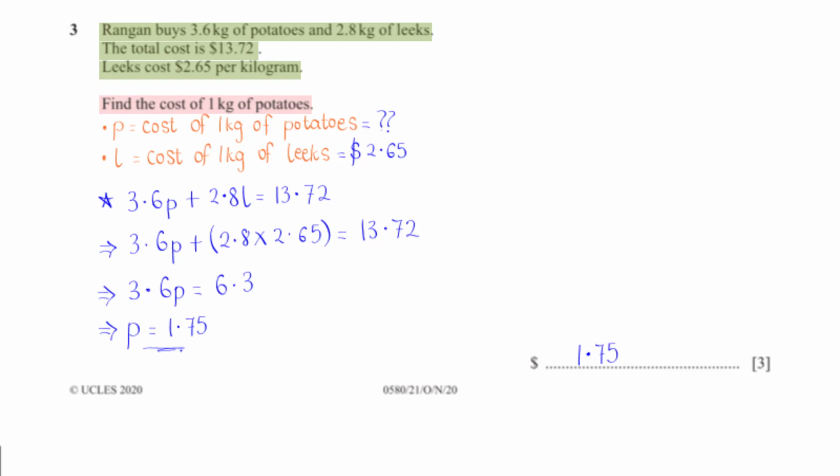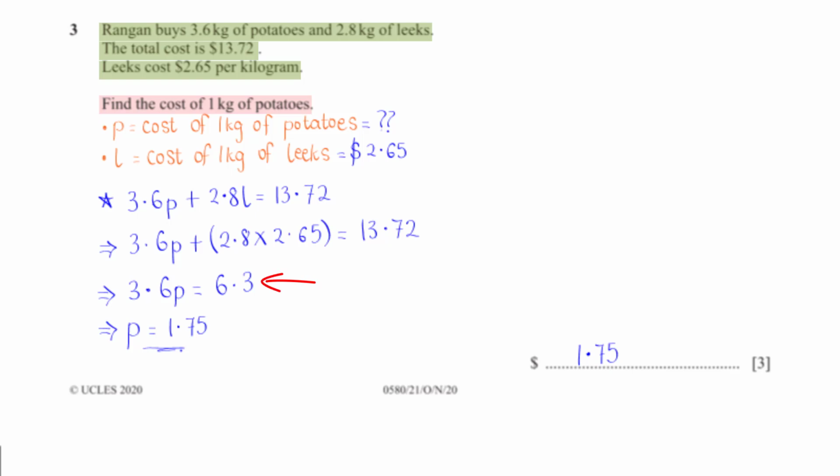So for our equation, the total cost, which is $13.72, is equal to the number of kilograms of potatoes bought, which is 3.6, times the cost of 1 kilogram of potatoes, which is P, plus the number of kilograms of leeks bought, which is 2.8, times the cost of 1 kilogram of leeks, which is L. And so in the next step, we substitute L is equal to $2.65, and when we expand the brackets and simplify this further, we get 3.6p is equal to 6.3.